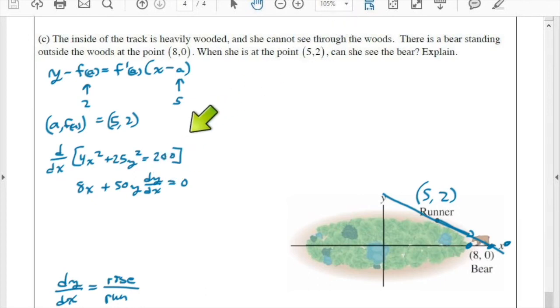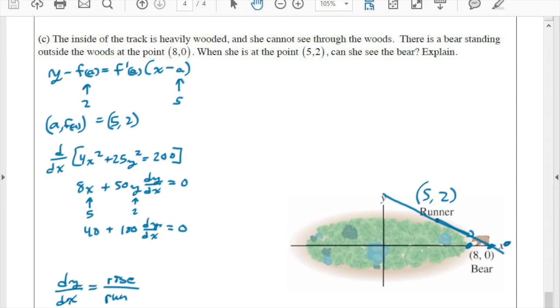Since this problem doesn't ask us to find dy/dx itself, I'm just going to plug the point straight into x and y. I plug 5 into x and 2 into y to get 40 plus 100 dy/dx equals 0.